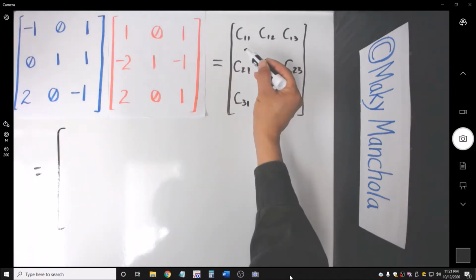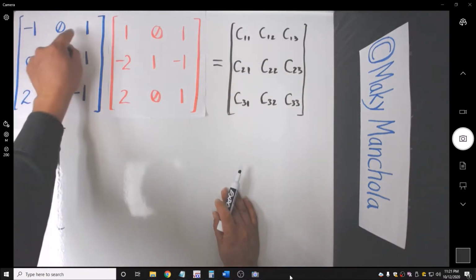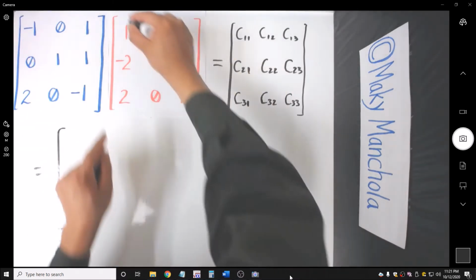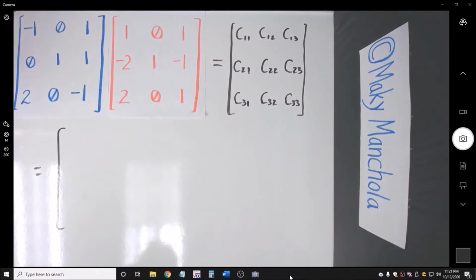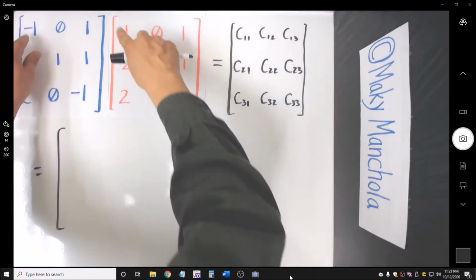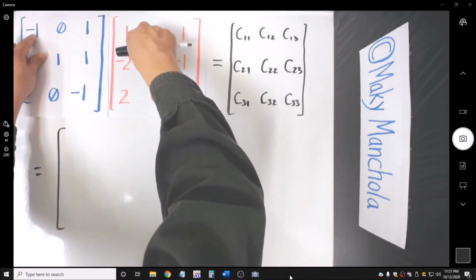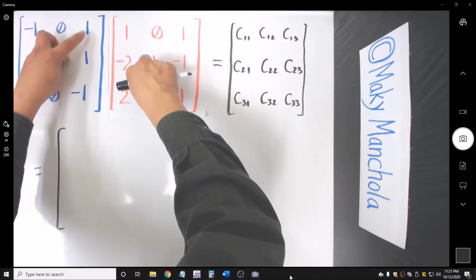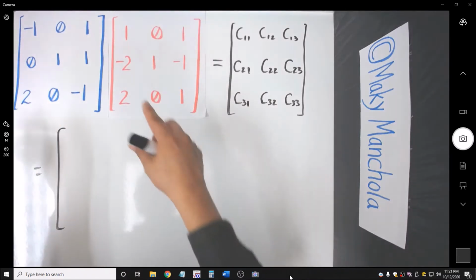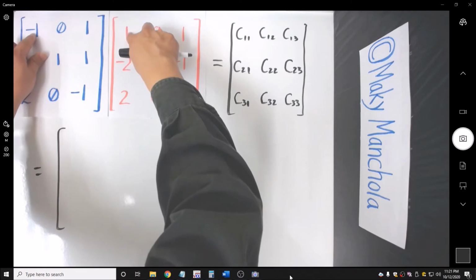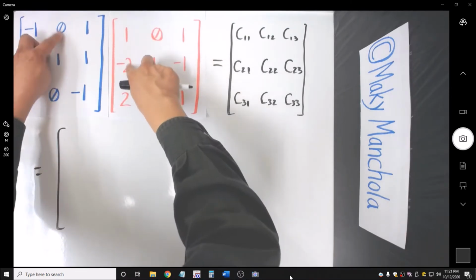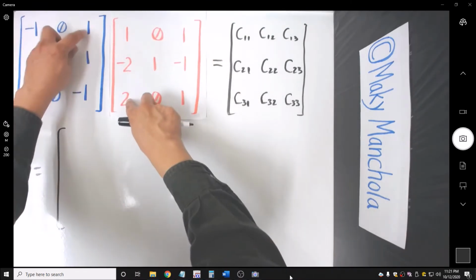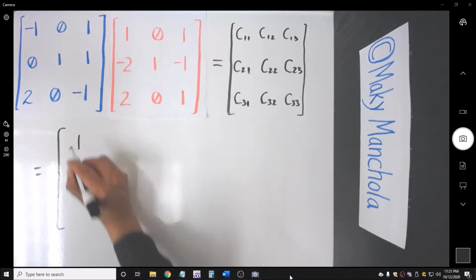C11 is the dot product of the first row of A and the first column of B. So that goes as follows. -1 times 1 plus 0 times -2 plus 1 times 2. So what do we get from that? -1 plus 0 plus 2. The result is 1.